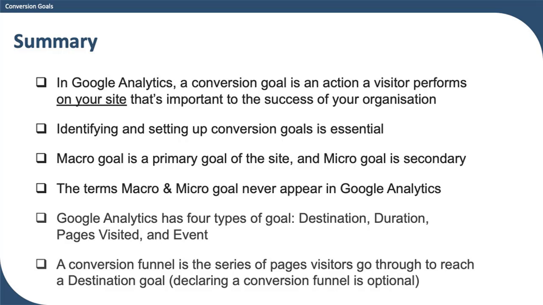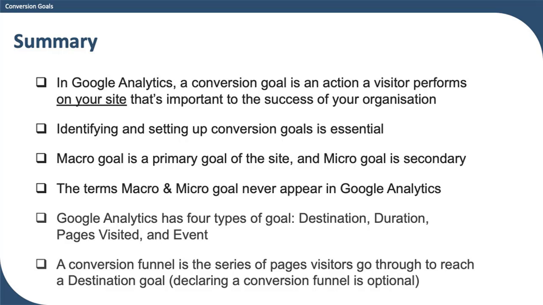So in summary, in Google Analytics, a conversion goal is an action performed on your site that's important for the success of your organization. Also, identifying and setting up conversion goals is essential. Macro goals are primary and micro goals are secondary.